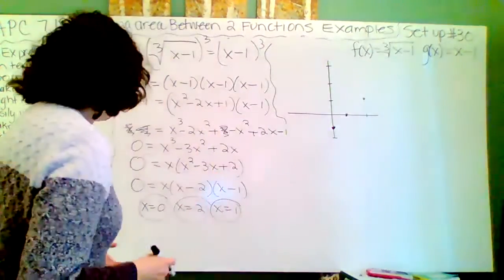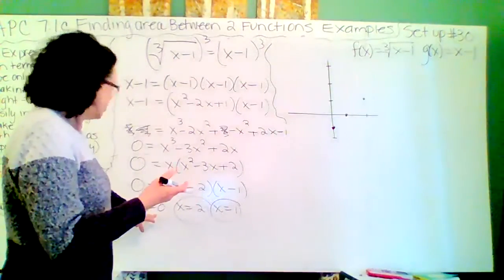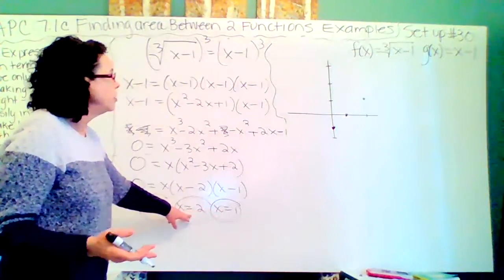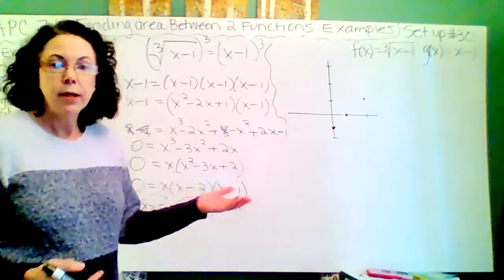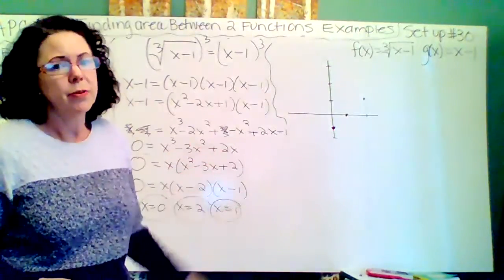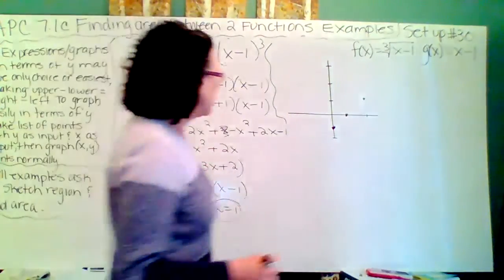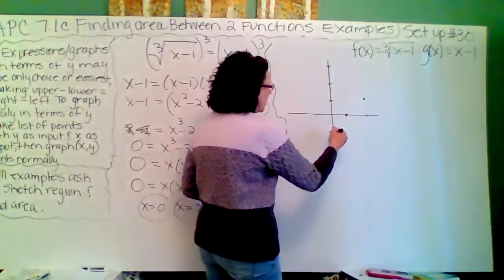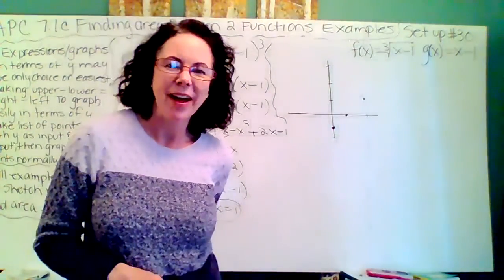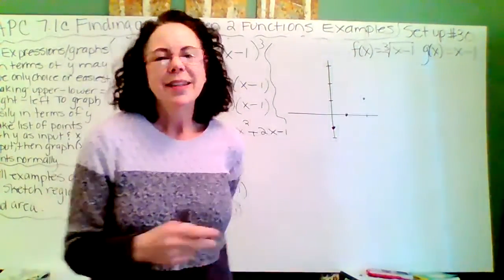When you put in a 0, you get a -1 out. When you put in a 1, you get a 0 out. And when you put in a 2, you get a 1 out. But they're obviously not the same graph. I know what the graph looks like. It goes like that. But when I put it in my calculator, I hit a wrong button and got a wrong value. So anyway, let's go back.